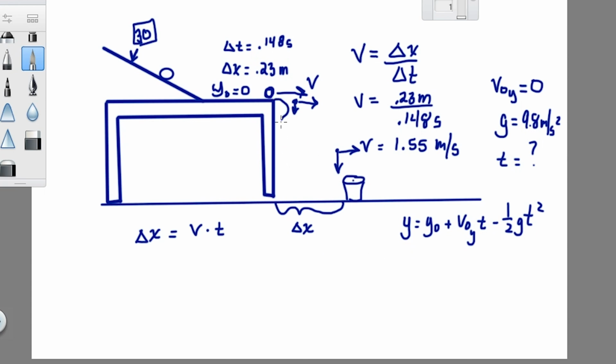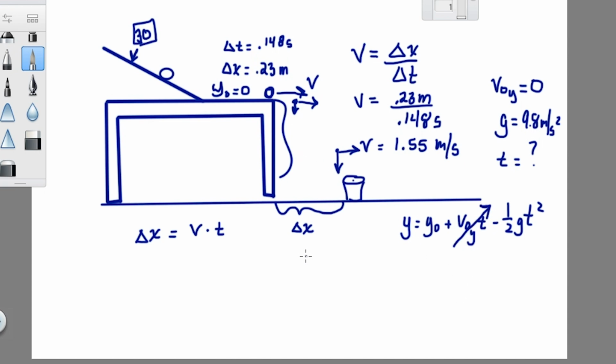We need to find the vertical distance from the table to the top of the cup, and we'll put that in for y and y sub o. We know that v sub o sub y is 0. We could solve for t right here. This is going to cancel out, and this will be a pretty easy calculation.